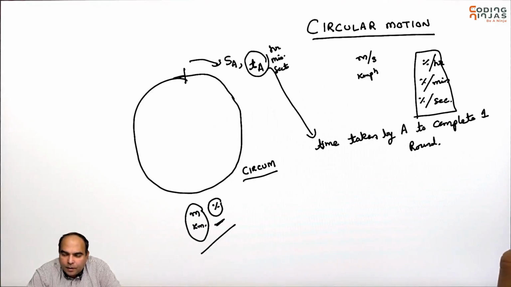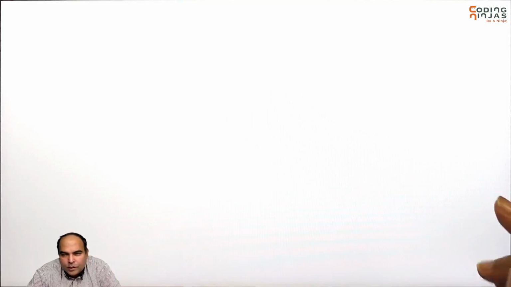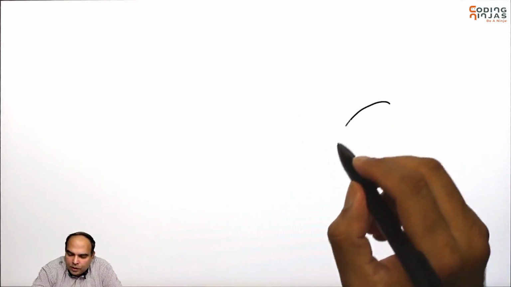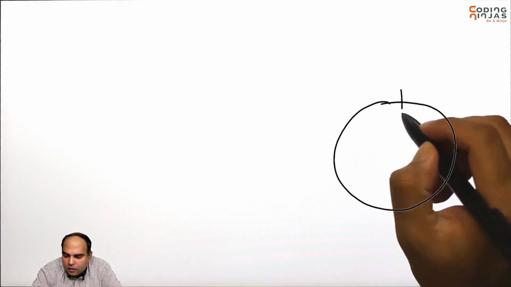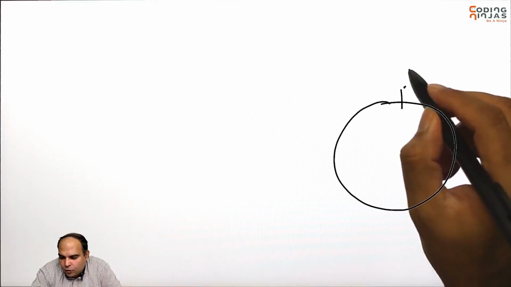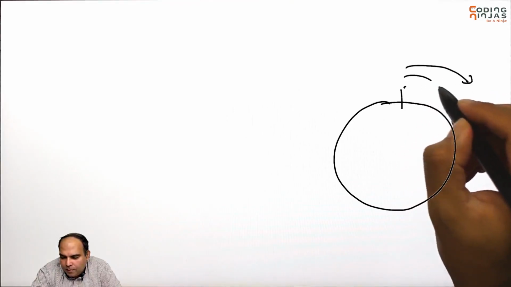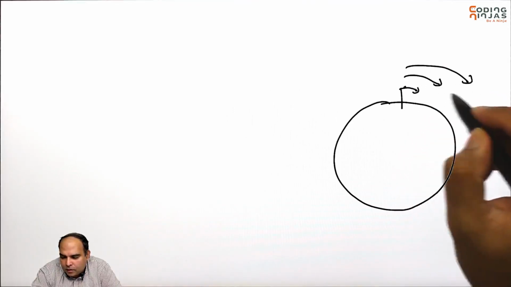Now the interesting part. If one person is running on a circle, it does not make many questions. But the interesting question type is when you have more than one person running around a circle. Let's say 3 people A, B and C are running around a circle.